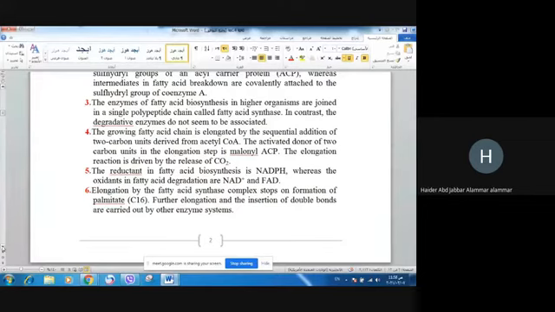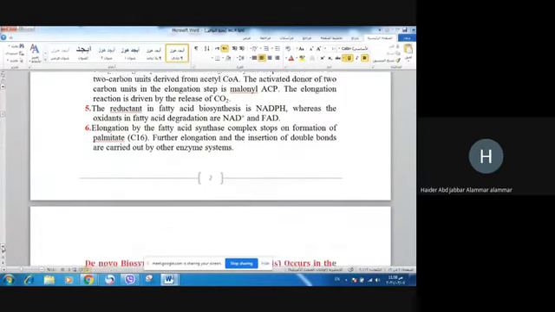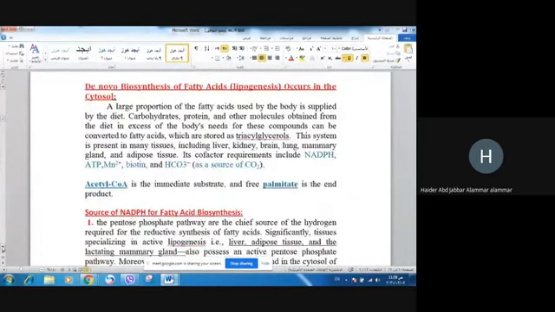Further elongation and insertion of double bonds are carried out by other specific enzymes. That's all about the differences between fatty acid synthesis and fatty acid degradation, I mean beta oxidation.